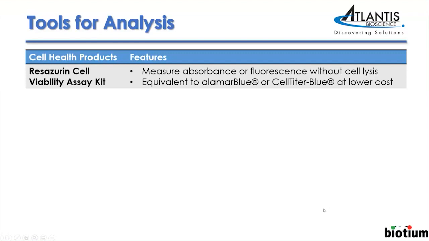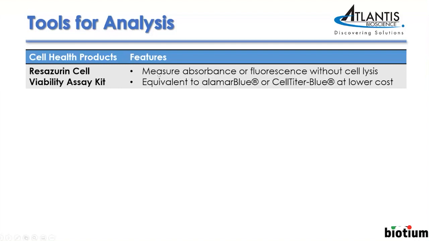Right, okay. One of the common analyses for stem cells is to monitor cell health. Biotium, a US company developed in 2001, is a leading life science supplier of high quality and innovative fluorescent tools to help you image and analyze your cells.